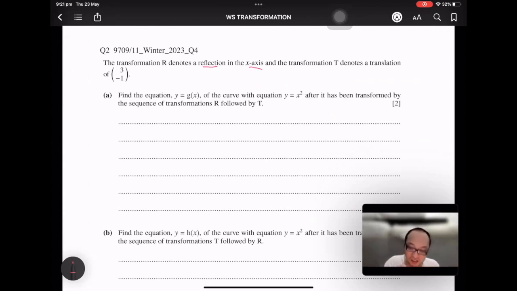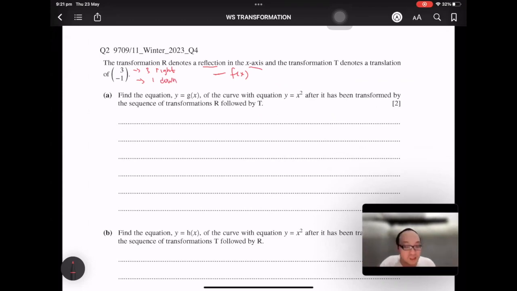So it is a vertical reflection. So it will become negative f(x) because it's negative y, reflection in the x-axis. Transformation T is a translation. So this is 3 right and 1 downwards.